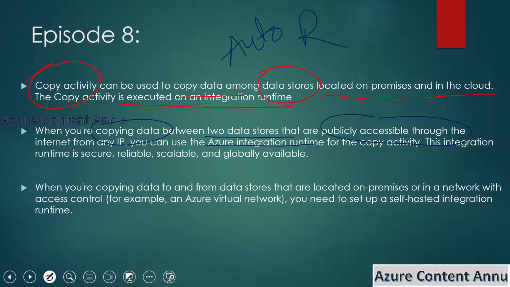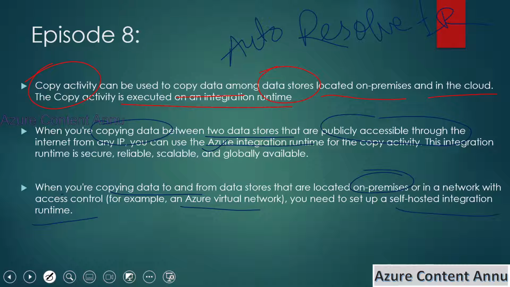We will learn deeply about Integration Runtime in upcoming videos, but for now, whenever you need to copy data between cloud data stores, use Azure Integration Runtime. Whenever we need to copy data amongst data stores located on-premise or in a private virtual network, we need to use self-hosted integration runtime.